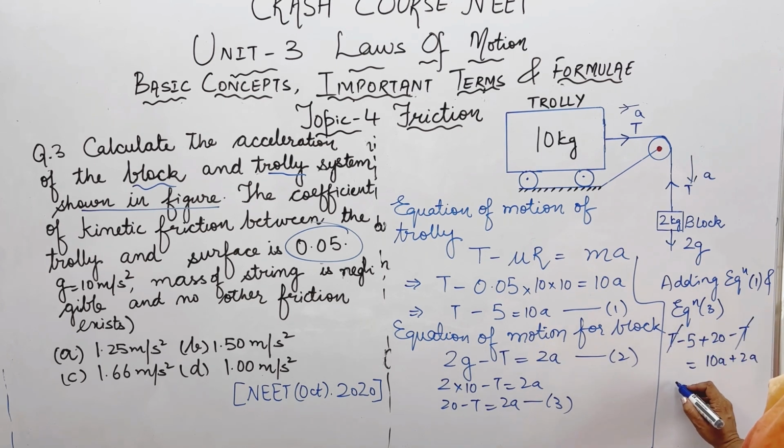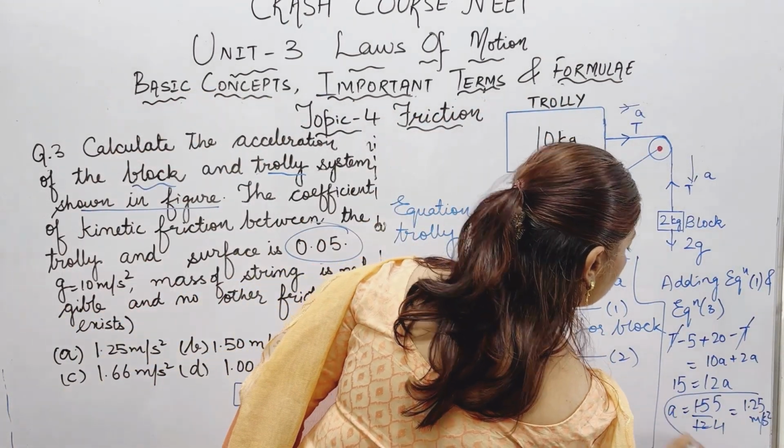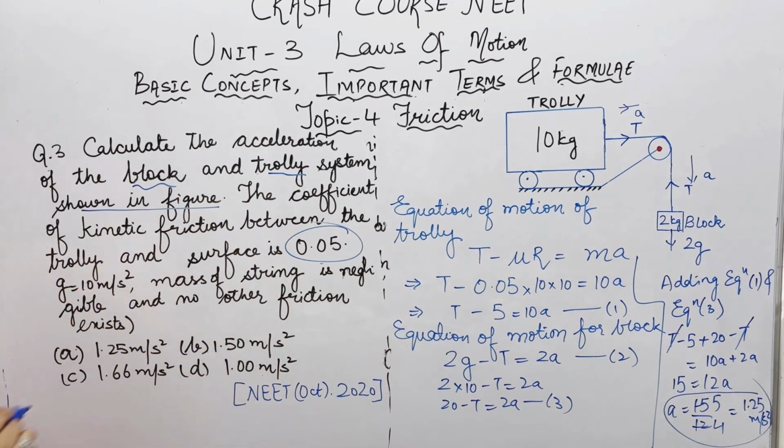This cancels, so 15 is equal to 12a, or acceleration is equal to 15 by 12, that is 1.25 meter per second square. So acceleration comes out 1.25 meter per second square, and from here option number A is correct. So answer for the third is option A.